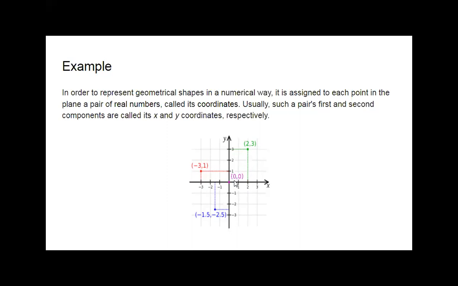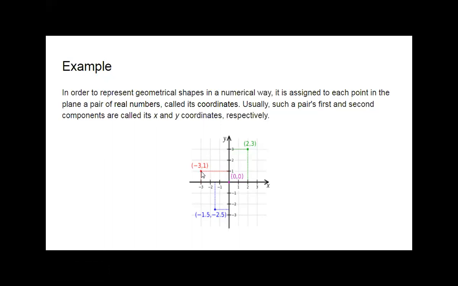Yes, ma'am. These are the positive numbers we are giving here. And as we go in this direction, that is left direction and down direction, we take the minus numbers. So in this plane, if I want to take the point -3, 1, I will go horizontally to -3 and vertically to 1.